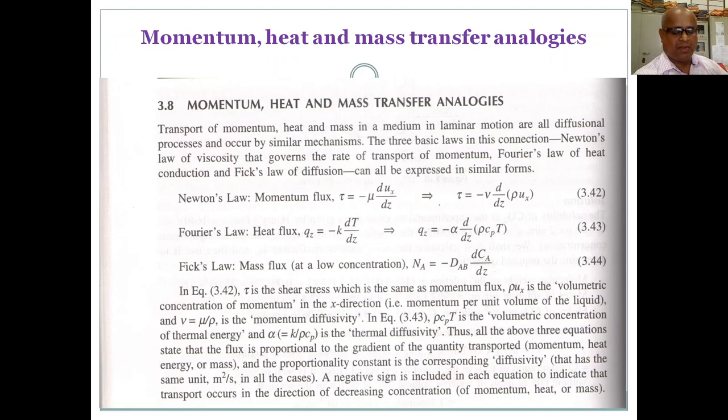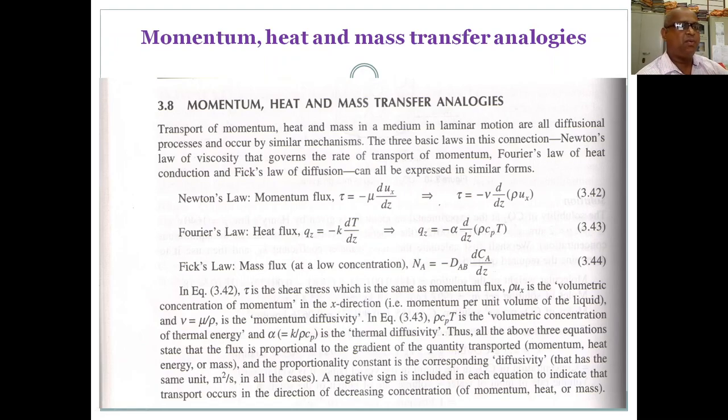If you see transport of momentum, heat and mass in a medium in laminar motion, let us discuss with laminar, then we will discuss the convective. Laminar motions are all diffusional processes and occur by similar mechanisms.